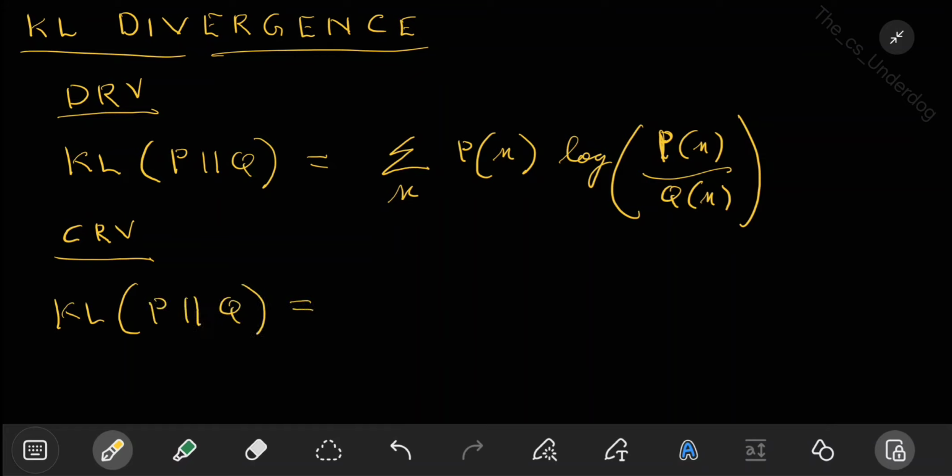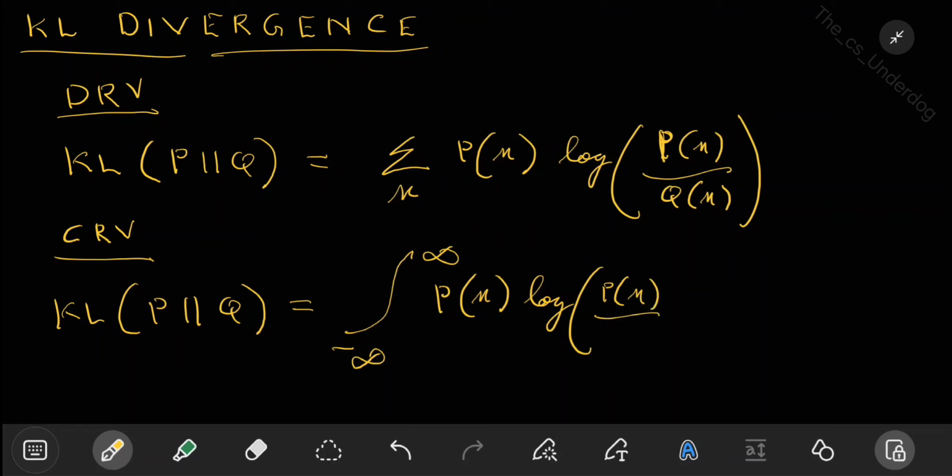The same thing when it comes to continuous random variables, KL divergence of P from Q can be written as, instead of summation, you have to integrate. So it will be integral from minus infinity to infinity, P of X into log of P of X divided by Q of X dx.